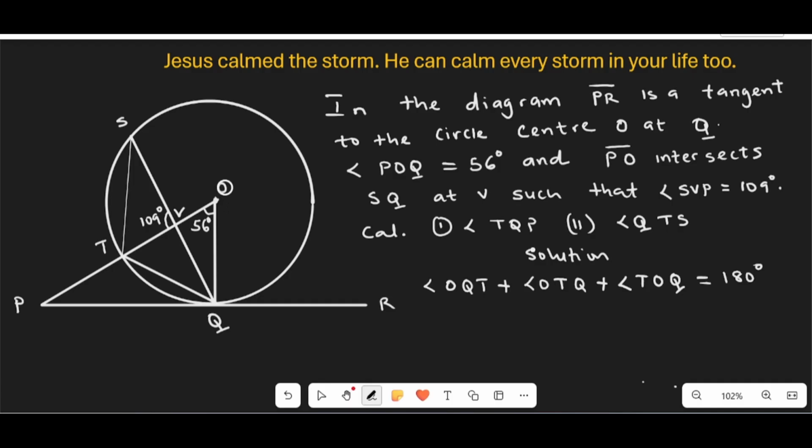Since OQ and OT are equal, triangle OTQ is an isosceles triangle, and the base angles of an isosceles triangle are equal. So we can say angle OQT is equal to angle OTQ.